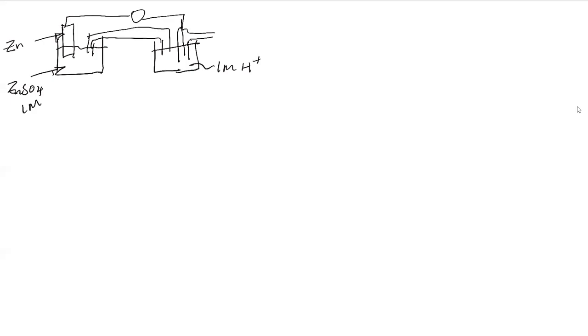And in this particular reaction, it turns out that the zinc wants to give up electrons again. So my reaction is going to be zinc plus 2H plus goes to H2 plus zinc 2 plus. So that's the overall reaction.